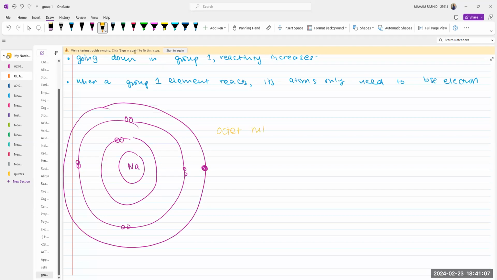We are using the octet rule, and that is to have the last shell filled with all 8 electrons, right? So what's easier for it, to get 7 electrons inside or give 1 electron outside? What would you have done if you were an atom? Give one electron, right? Because taking 7 is too much. So metals always prefer giving 1 electron, and hence we say that metals donate electrons to make cations. Non-metals always accept electrons to make anions. Okay?